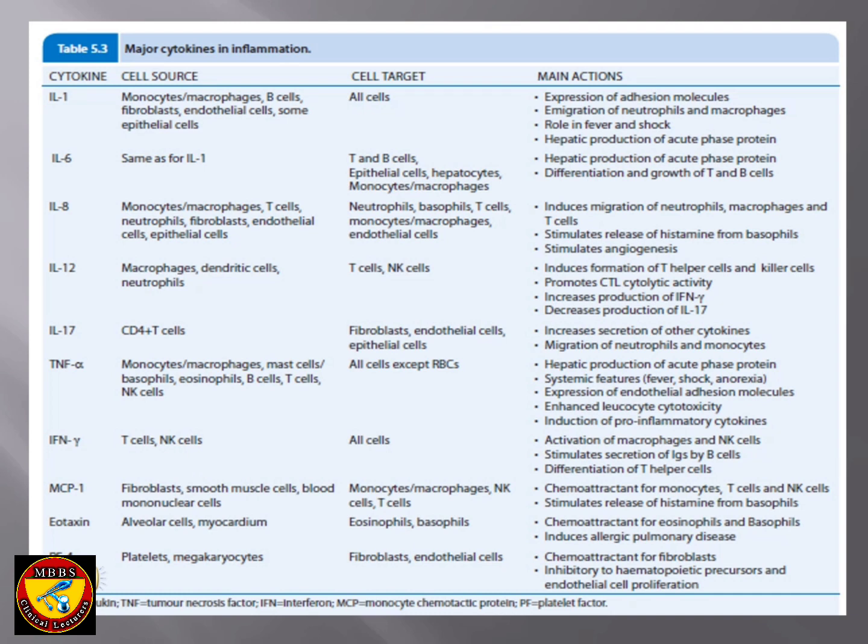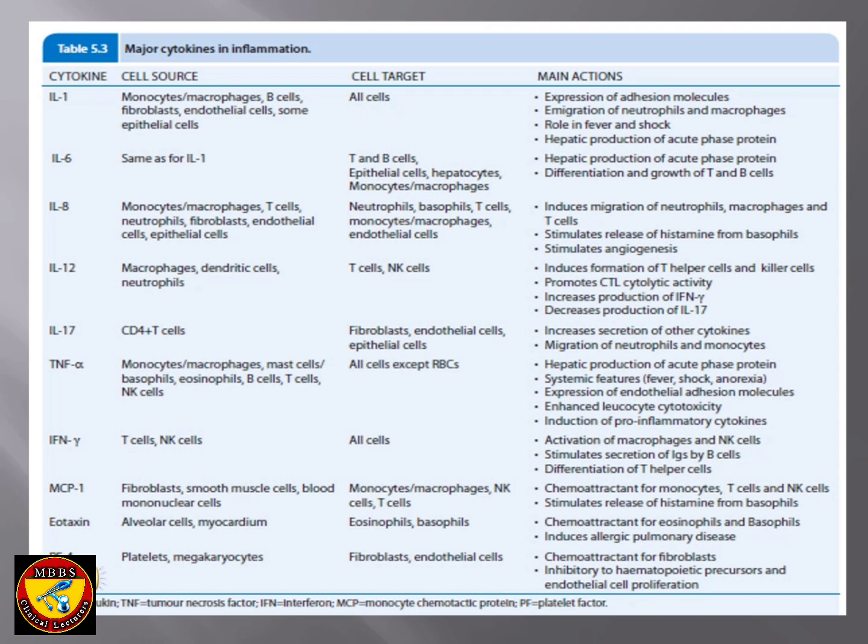Interleukin 8 is secreted by monocyte macrophages, and the target cells are neutrophils, basophils, T cells, monocytes, and it induces migration of neutrophils, macrophages, and T cells. Right?